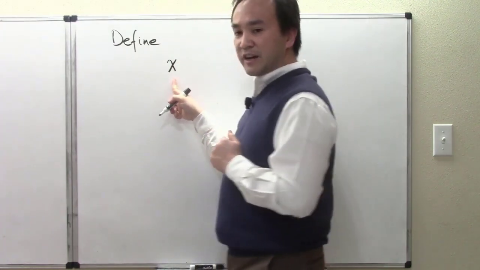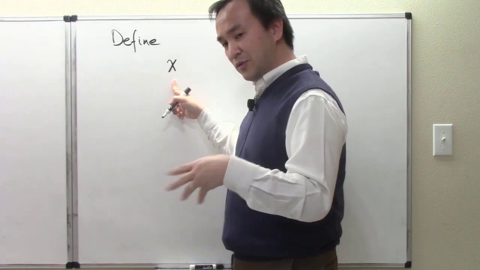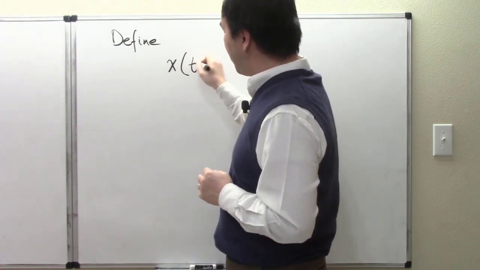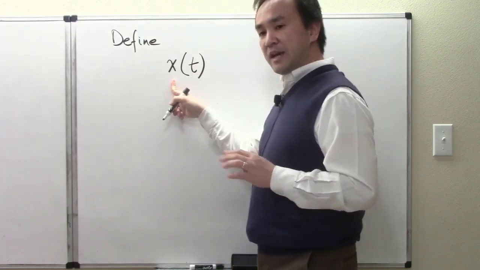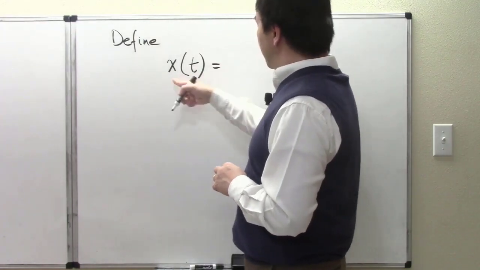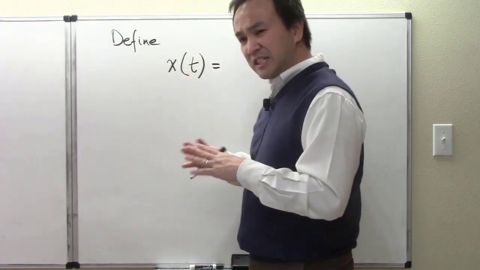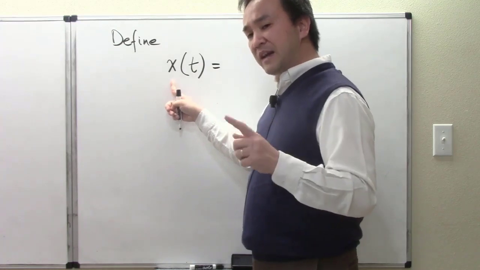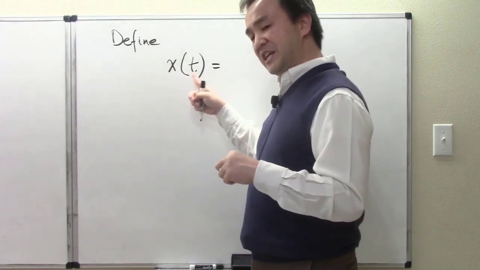It's a lowercase letter x, so you might think it's just the usual letter x, but I'm defining that x variable as a function of t. Instead of the usual f of t, g of t, there is a reason why I'm naming my function x of t.